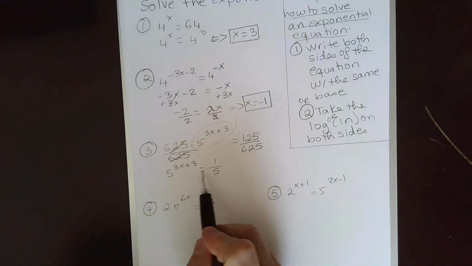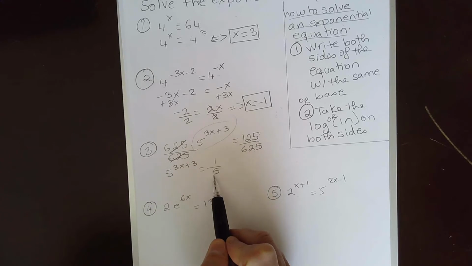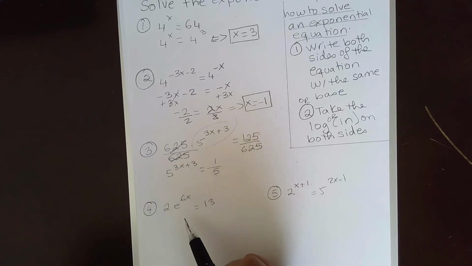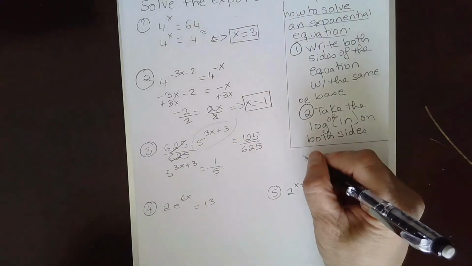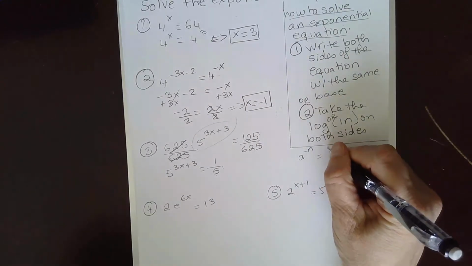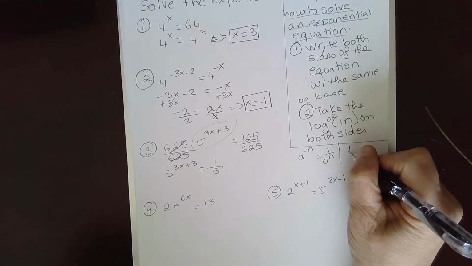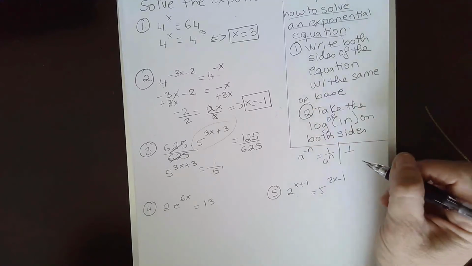If you take a look here, you notice that you have a 5 here and 5 here, but you realize this 5 is in the denominator. How do you take it to the numerator? Now if you recall, I want to remind you of a rule, the negative rule of exponents. 1 over a to the n is equal to a to the negative n.